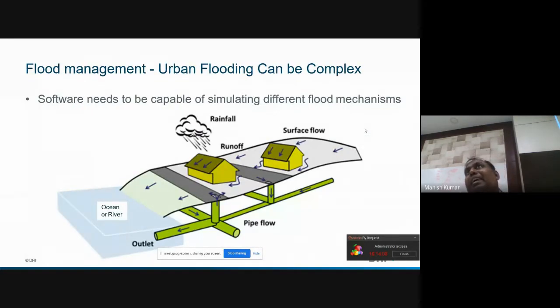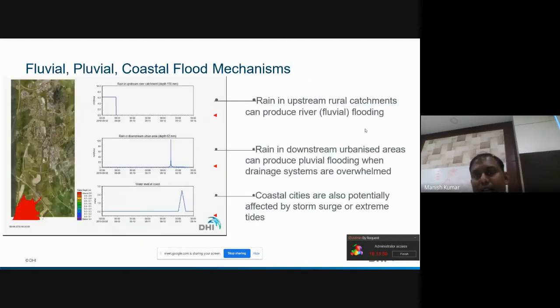And again, if I talk about flood, it's not only the riverine flood, it could be a combined effect of fluvial flooding, pluvial flooding, and coastal flooding.